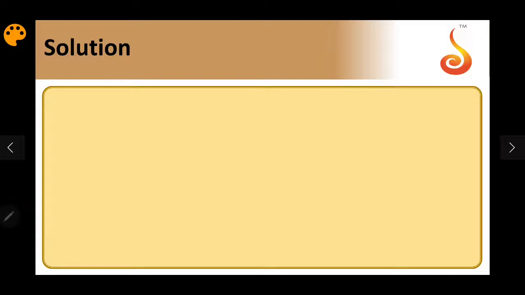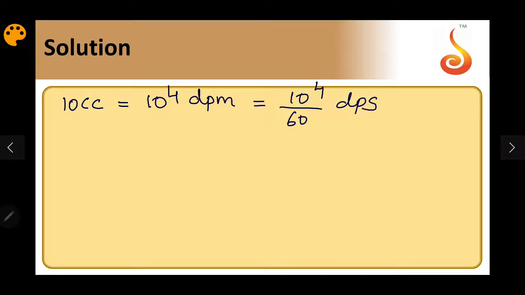So we know that 10 cc has an activity of 10 power 4 disintegrations per minute. If I want to calculate in Curie, I have to get it into disintegration per second. So this will be equal to 10 power 4 by 60 dps. So 10 cc is this much. What is 60 liters? That means 60,000 cc will be equal to how much?